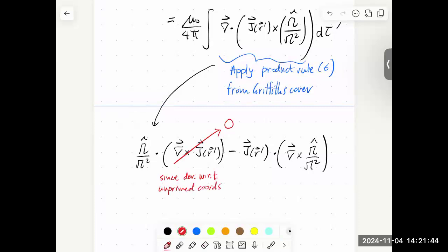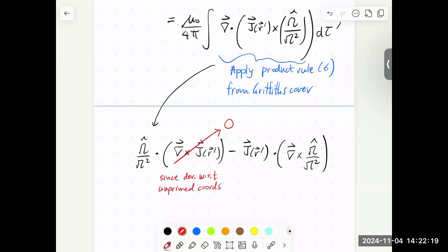All right. This one's a little more tricky, but if you look up the curl in spherical coordinates, or maybe we should say cylindrical coordinates if we're thinking of a long wire, or whatever coordinate system you want to look at. It'll have things like the derivative with respect to r of the theta component minus some derivative with respect to theta of the phi component, and all those things.